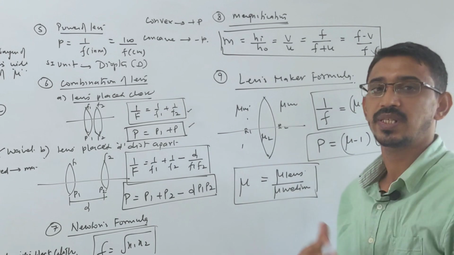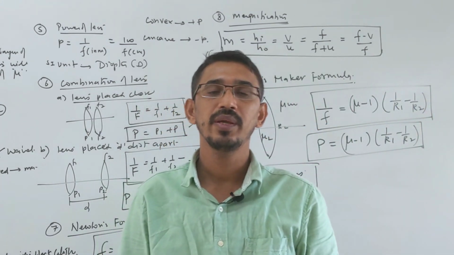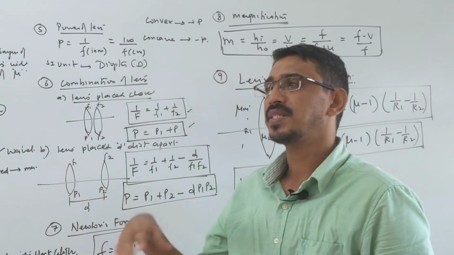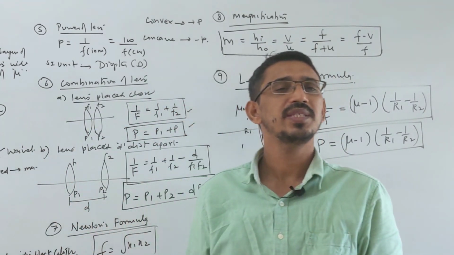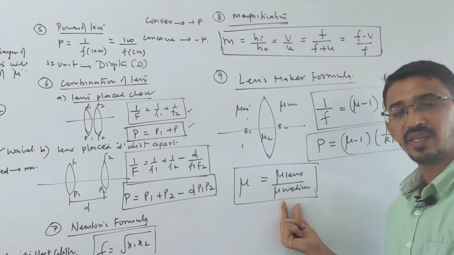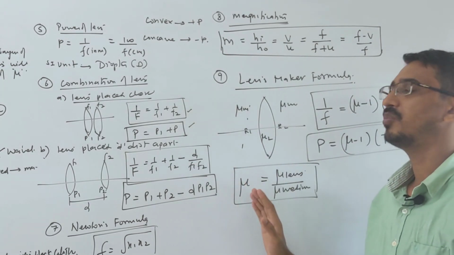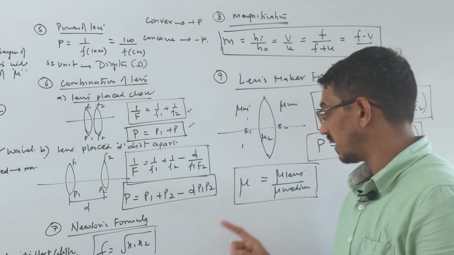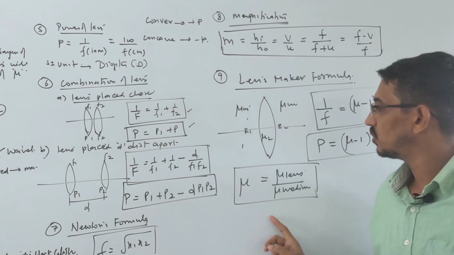Mu is not just of the lens, it's relative: mu of the lens by mu of the medium. Suppose the lens is placed in air itself, then it's just mu of the lens, because mu of the lens by mu of the air, and air is 1, so it simply becomes equal to the mu of the lens only. But suppose the lens is placed in water or kerosene, then write carefully: mu of the lens by mu of the medium.